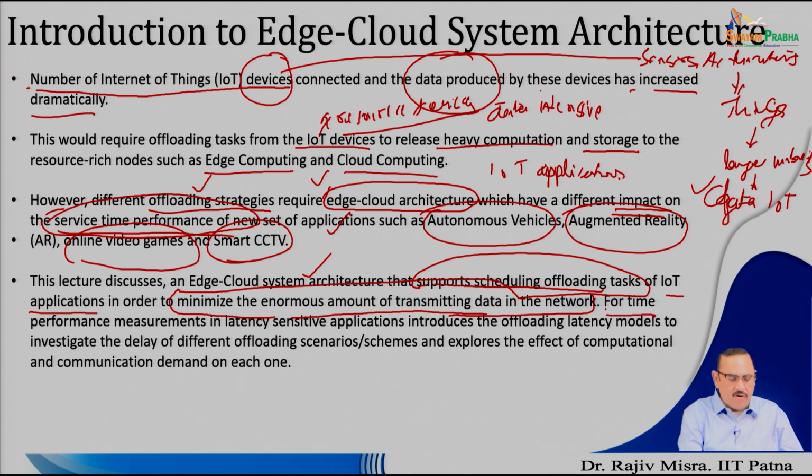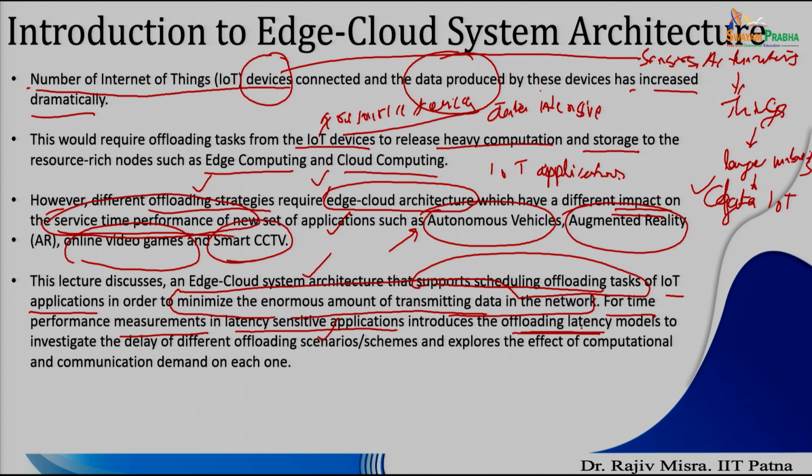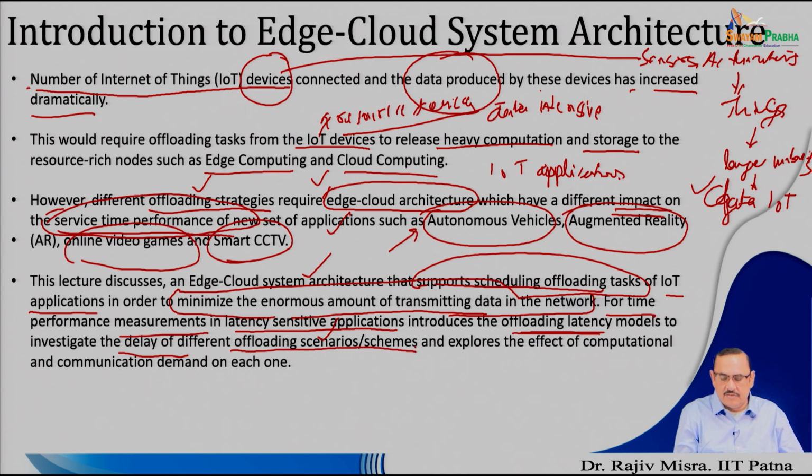Similarly, for the time performance measurements in the latency sensitive applications which we have already specified, that is autonomous vehicles, augmented reality, online video gaming and smart CCTV, they are all latency sensitive applications. So, to measure the time performance of these latency sensitive applications, we will also introduce the offloading latency models, and this model will be good enough to investigate the delays in different offloading strategies and schemes.